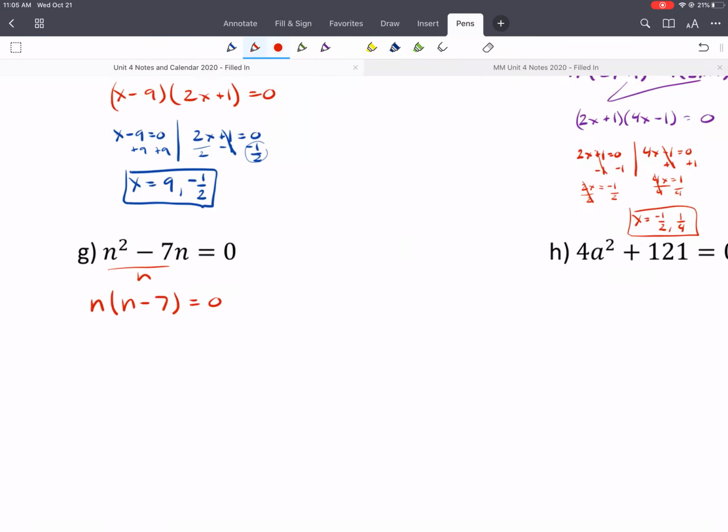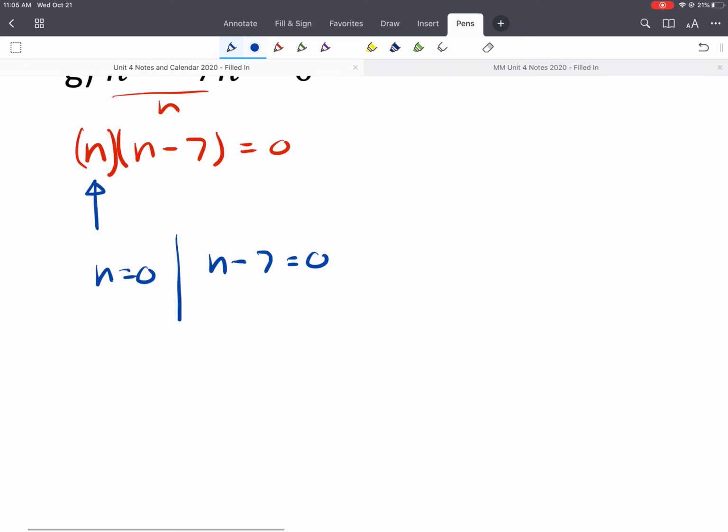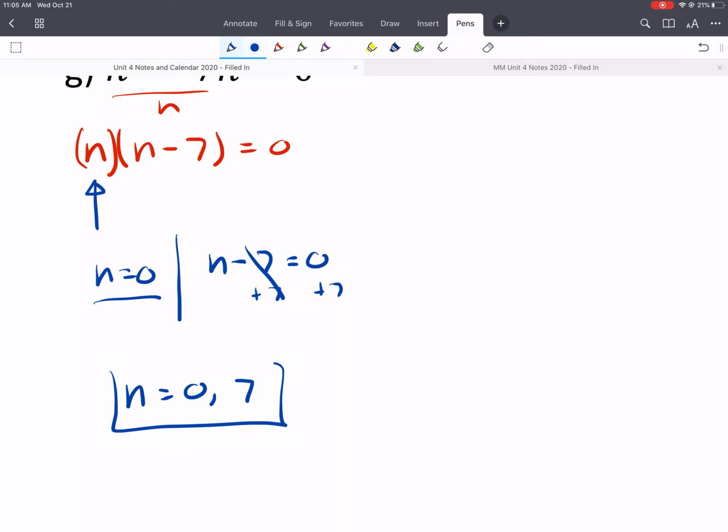Okay, so for example here, this is basically a parenthesis. So either this has got to be 0 or n minus 7 has got to be 0. All right, so we already have that one done. We just add 7 to both sides. So either n is equal to 0 or 7.